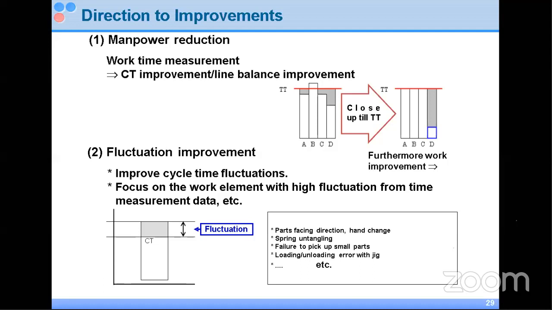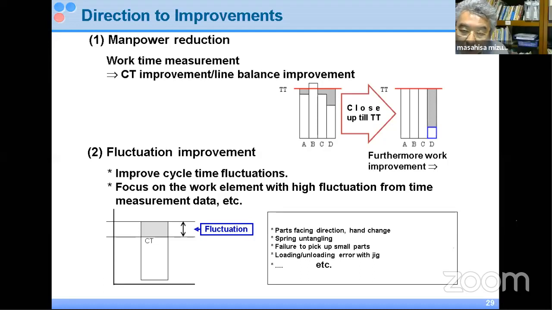Worker A has some wasting time. Worker B cannot follow the takt time. Workers C and D also have some waiting time. We reallocate to the right side, A, B, C, D.